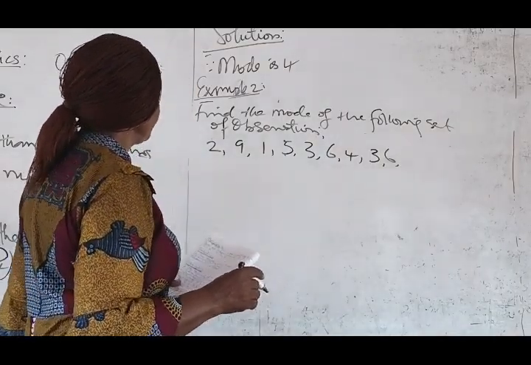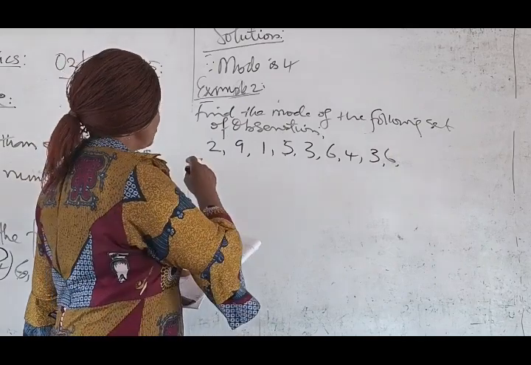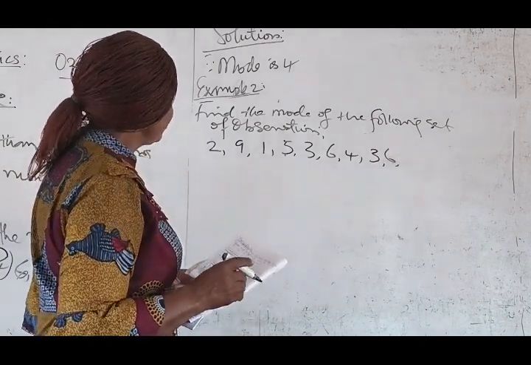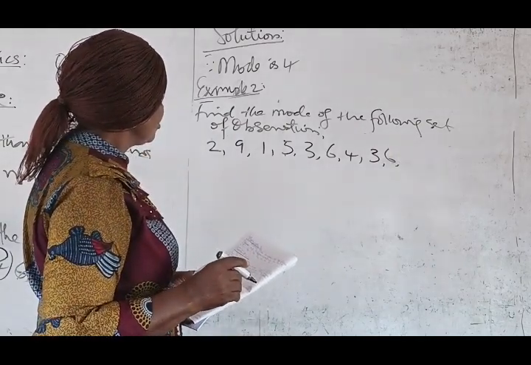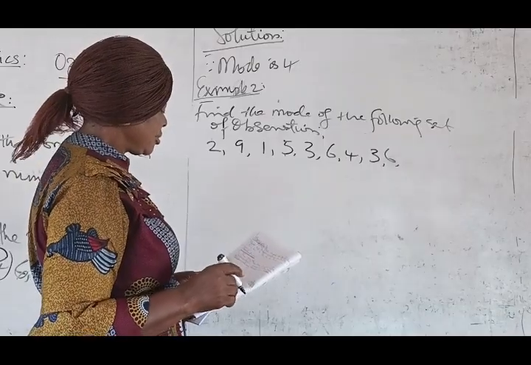Find the mode of the following set of observation: 2, 9, 1, 5, 3, 6, 4, 3, 6.